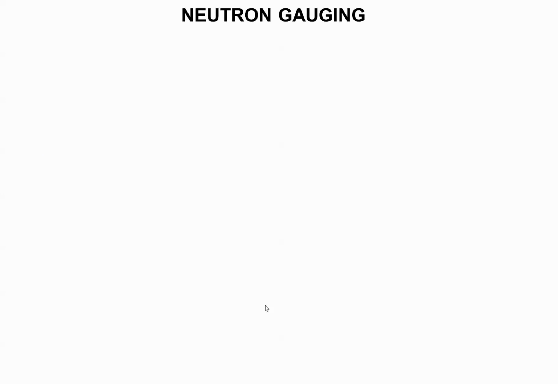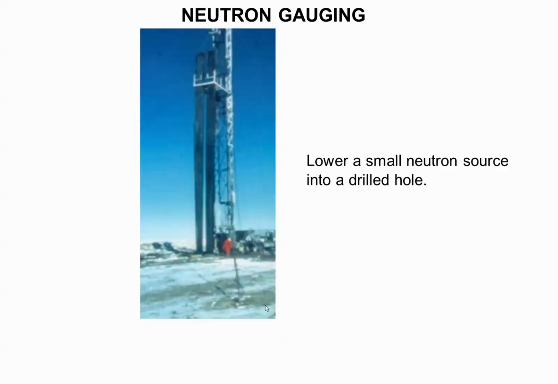Let's move on to the next application, which is neutron gauging. It consists in lowering a small neutron source into a drilled hole. Remember, neutrons can see hydrogen very well, in other words, water or gas or oil, petroleum. So a neutron source is lowered into a well-drilled hole, and a neutron detector looks at neutrons reflected back, scattered, detected.